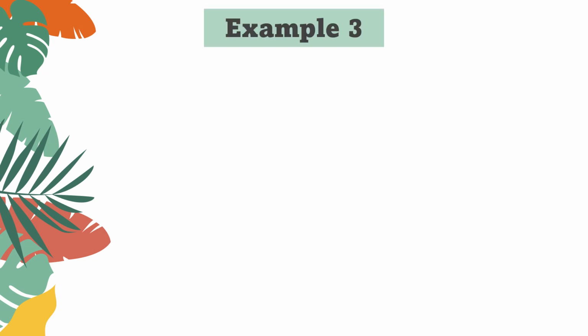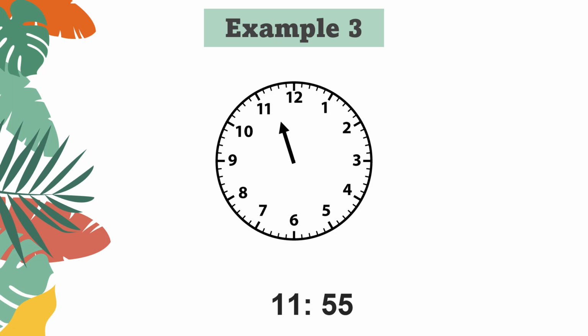Now we're going to do one more time to draw the minute hand. Example 3. We're going to draw 11:55. The 11 is already drawn for you, the hour hand. Now we're going to draw the minute hand for 55 minutes. Remember, we need to do skip counting by 5.